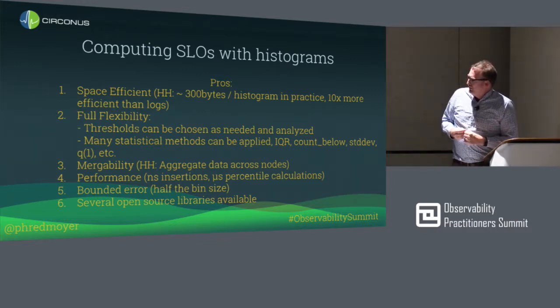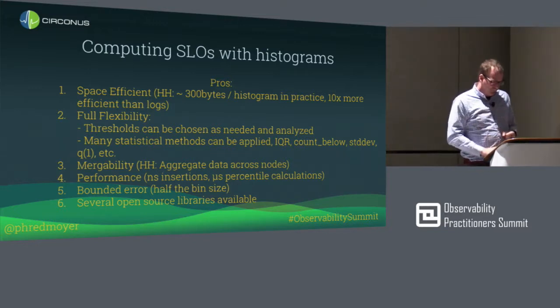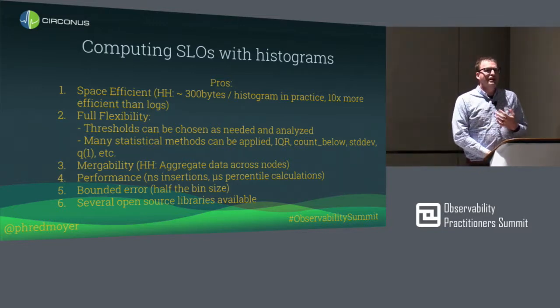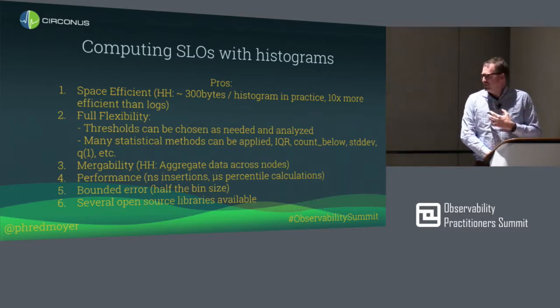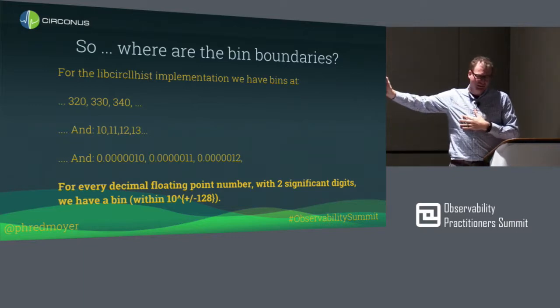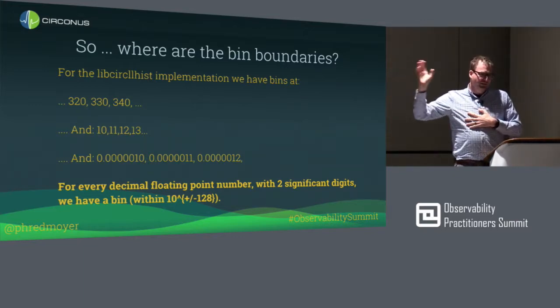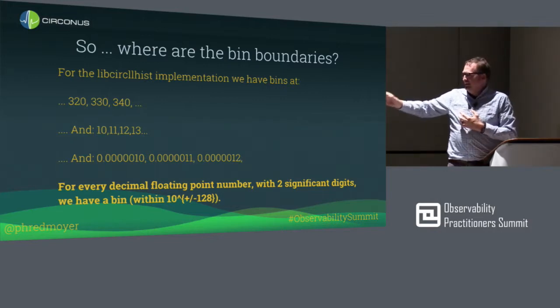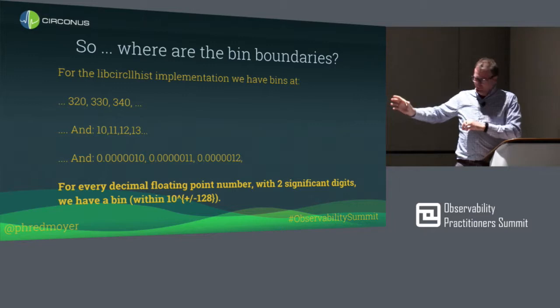Oh, that's what I was going to talk about, errors. The errors are generally bounded at a maximum of about 5%. I'll take the bins at 10 and 11 as an example. If I've only got data that comes in at 10.99, I'm going to insert that into the bin bounded by 10 and 11.